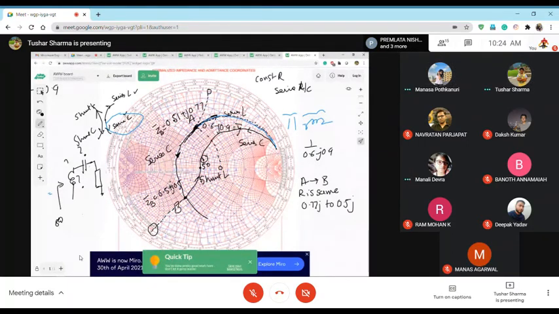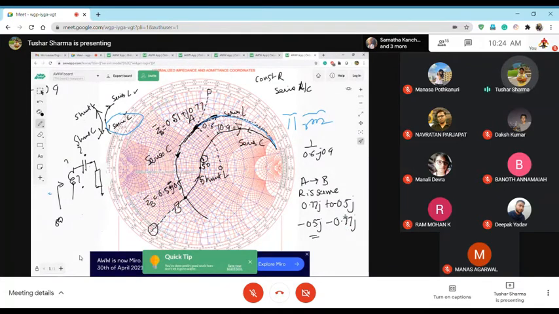Minus. Very good. So this is changing to minus 0.5 J. So basically, how much is the total change? Total change at this point, you can calculate, will be minus 0.5 J, B minus A, minus 0.77 J.